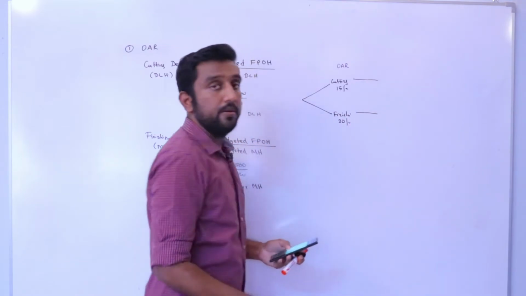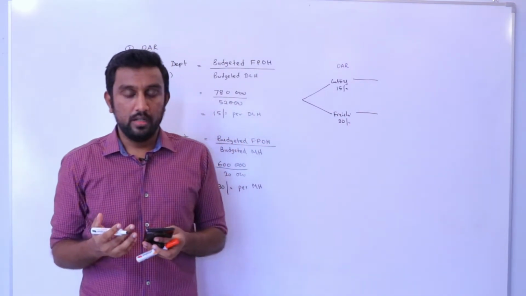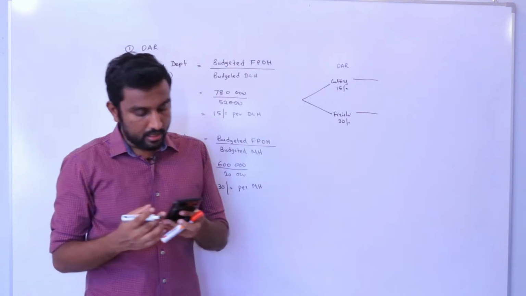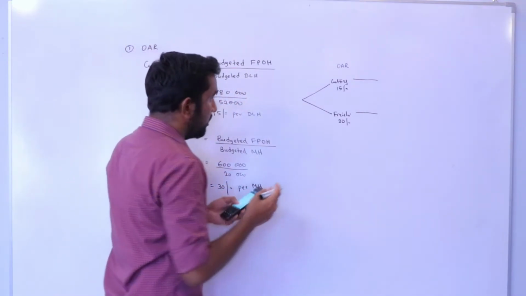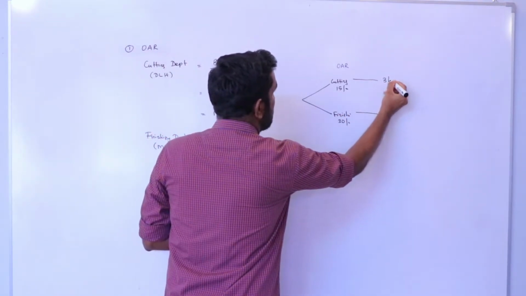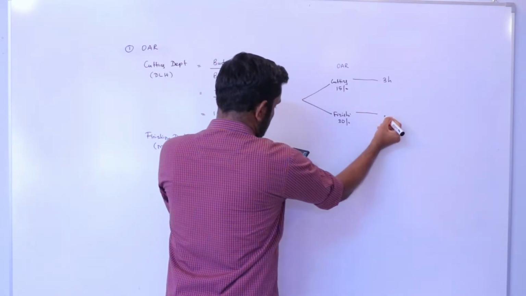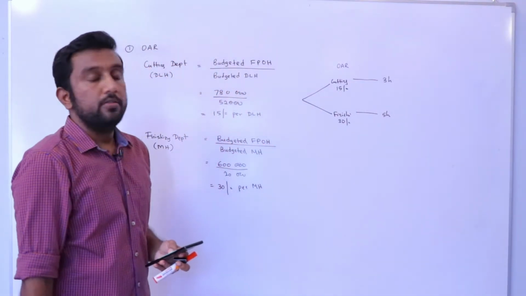So product A we have. So cutting department, did they give how many hours they needed to make the product? They said they need 3 direct labor hours in cutting department, right? So into 3, and this is into, they gave 5 machine hours is needed in finishing department.